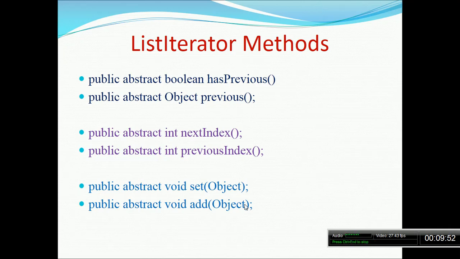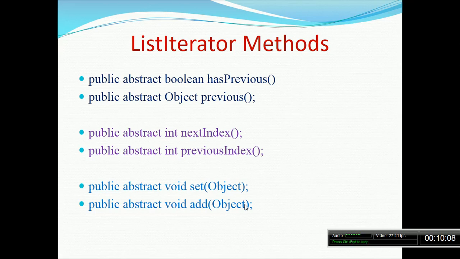hasPrevious returns true or false, whether you have a previous element or not. previous returns the previous element. nextIndex returns the next index where the pointer will work.